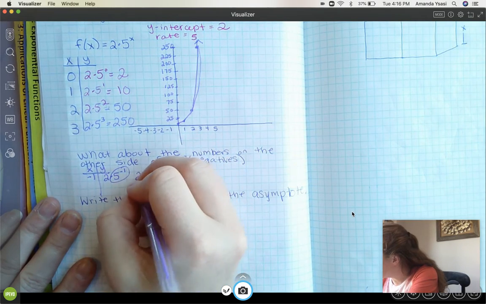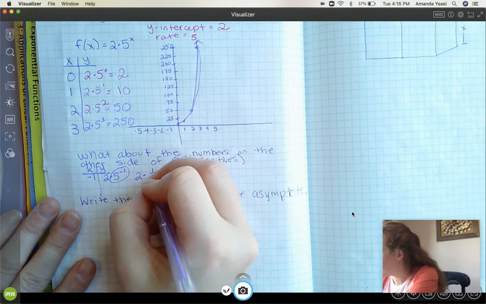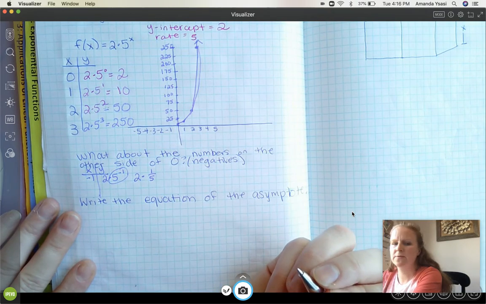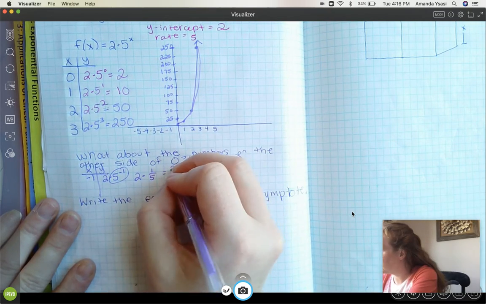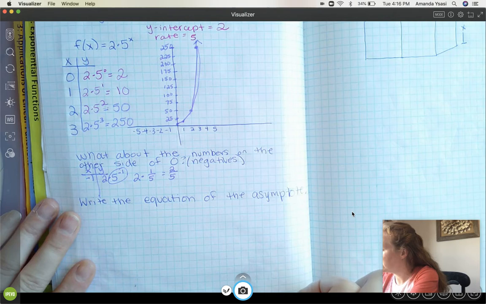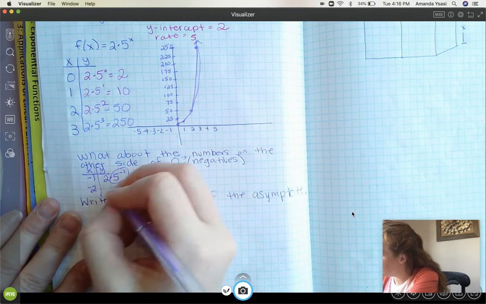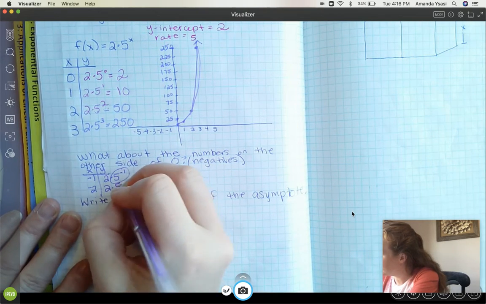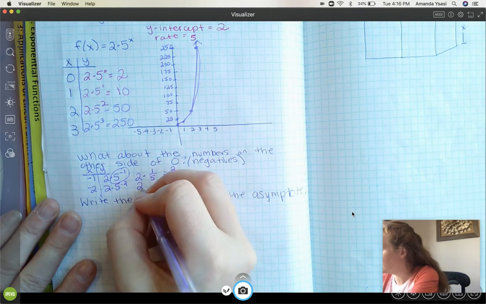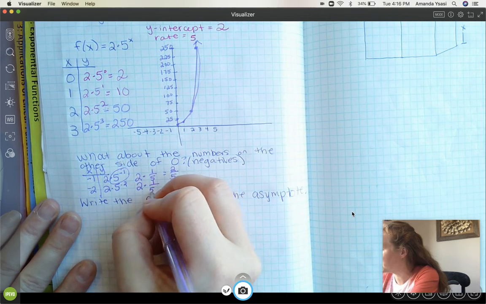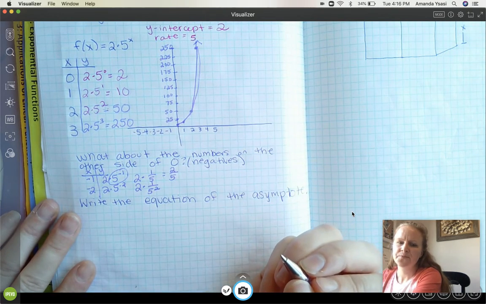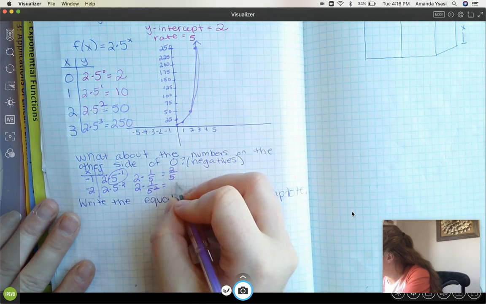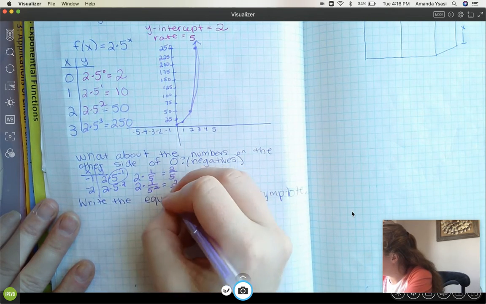So this is going to be 2 times, it was 1 over 5 to the first power. So that's going to be 2 over 5. Then -2 is 2 times 5 to the -2, which is 2 times 1 over 5 squared, which is going to be 2 over 25.